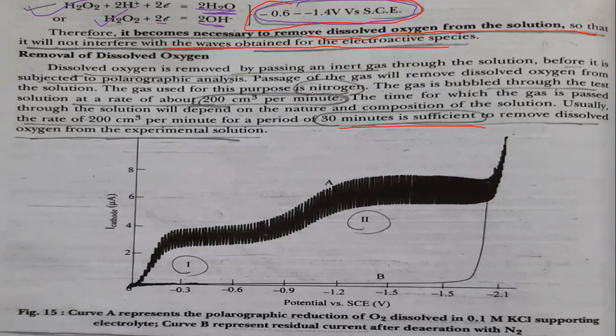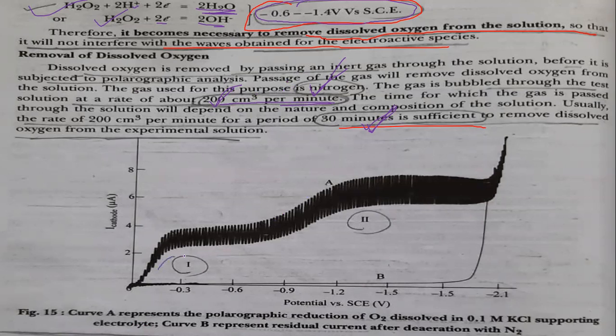Now, how can we remove it? At the beginning we saw that we flush nitrogen gas through the solution, at a rate of about 200 cubic centimeters of nitrogen per minute. If we flush for half an hour, that is more than enough to remove all the oxygen from the testing solution.